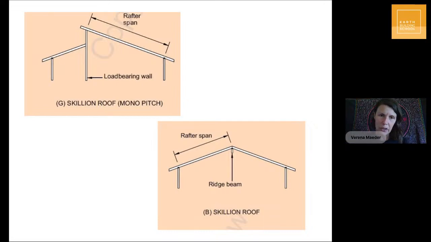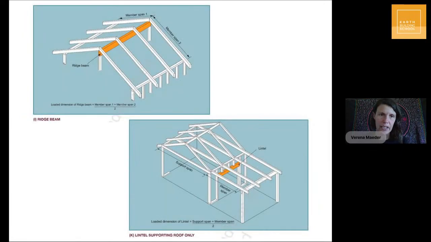So here you're looking at the ridge beam again. It's like you're cutting here and you're just looking two-dimensionally down into the building rather than in a bird's eye view onto a three-dimensional thing.